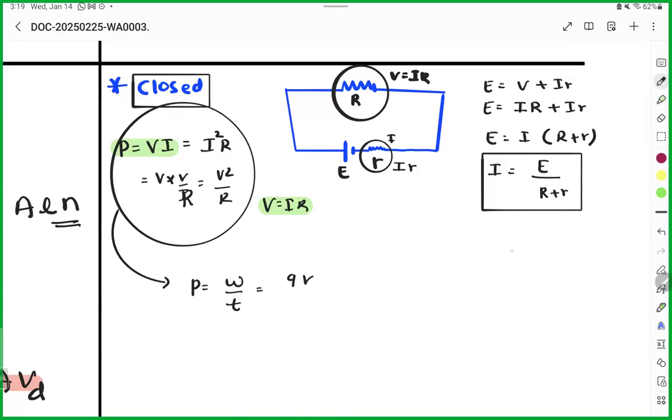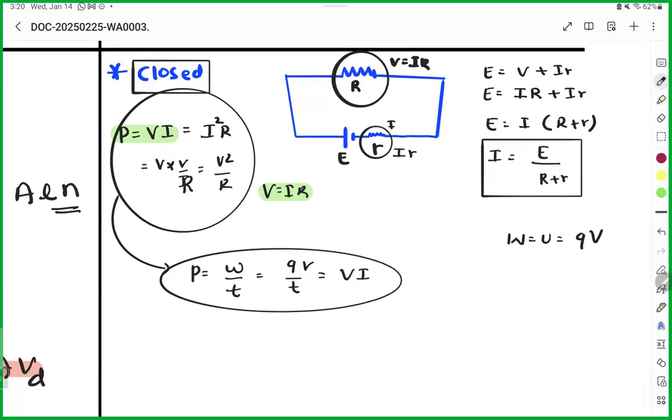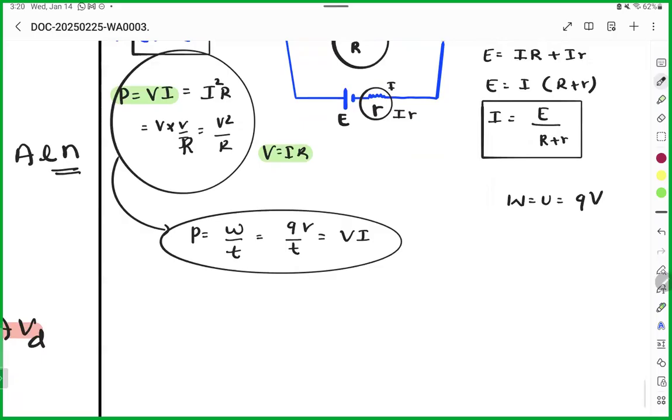From your electrostatic chapter, you know your work done or your potential energy is equal to Q into V. Potential by time. Charge by time, what is the value? See, you can still derive this. Okay, depend what is asked.